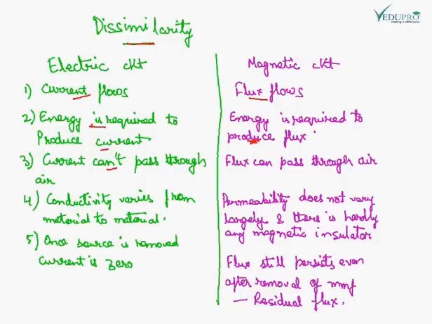Current can't pass through air, flux can pass through air. Conductivity varies from material to material. Permeability does not vary largely, and there is hardly any magnetic insulator. Once the source is removed, current is zero, but flux still persists even after removal of MMF. This is known as residual flux.